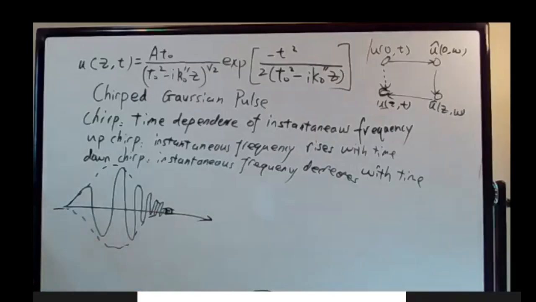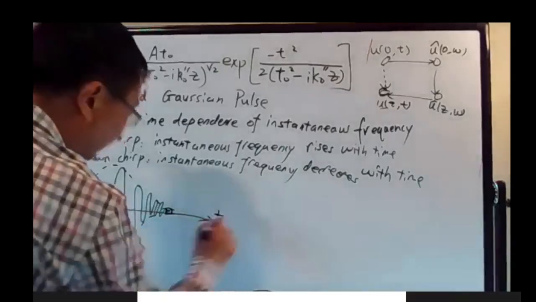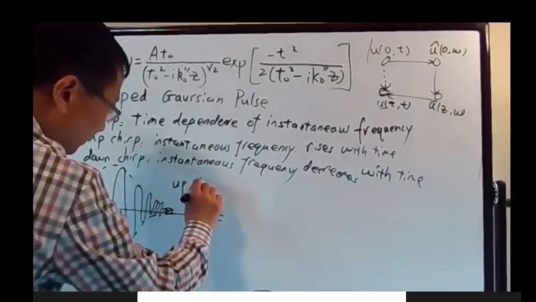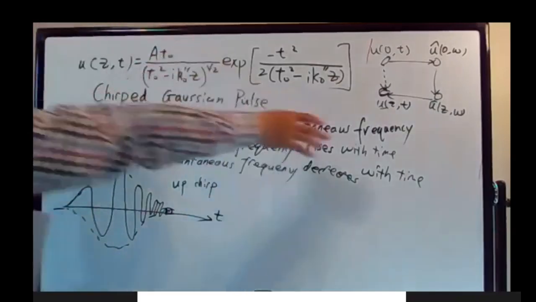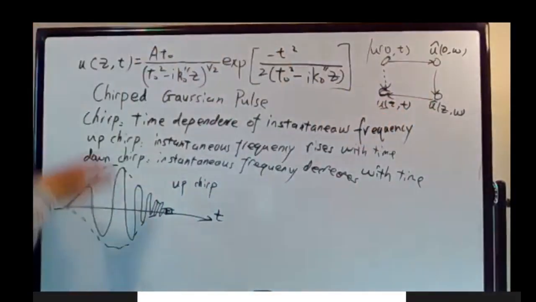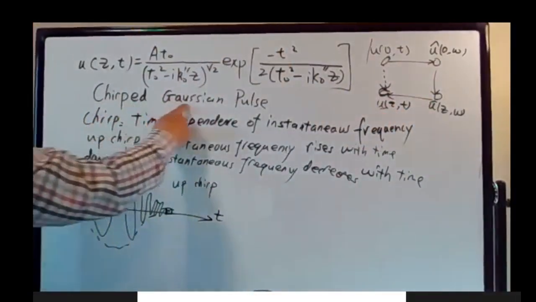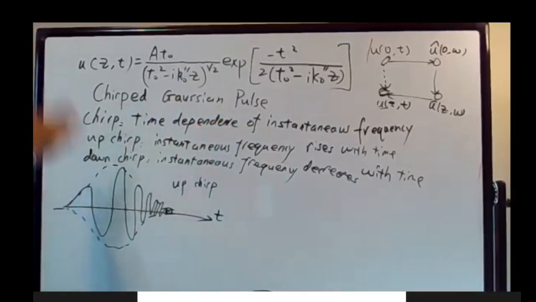Later on, the frequency increases as a function of time. So this is up chirp. And of course you can draw the down chirp, the opposite way. So once we have the dispersion effect, what we have is a chirped Gaussian pulse.